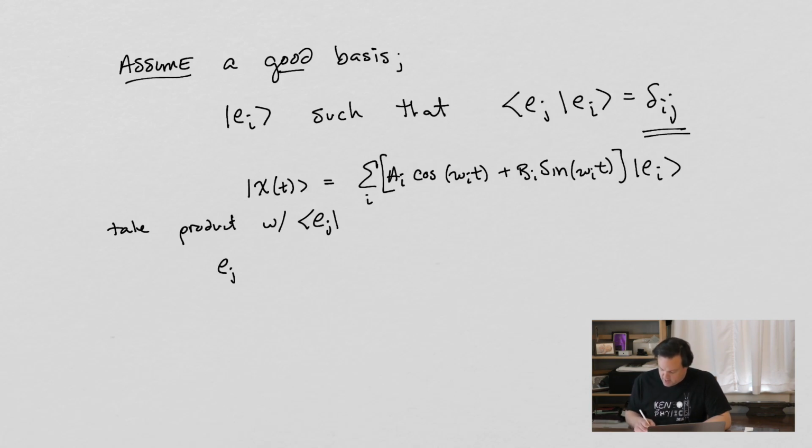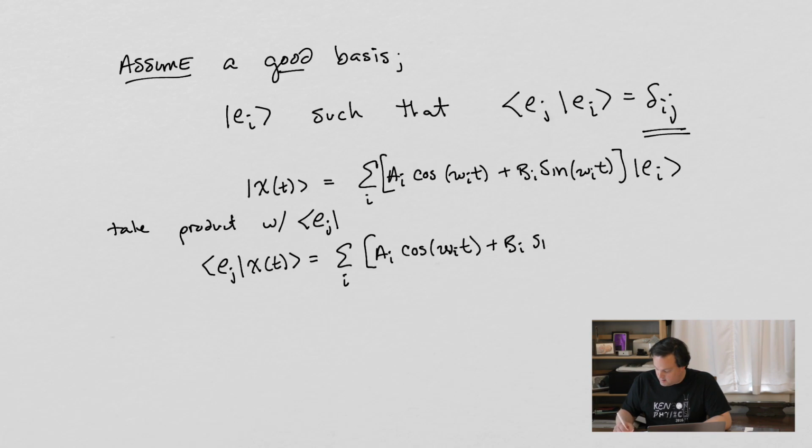So e sub j dot x of t is going to be equal to the sum over i. Now, of course, this dot product doesn't care about that coefficient at all, a_i cosine omega i t plus b sub i sine omega i t.